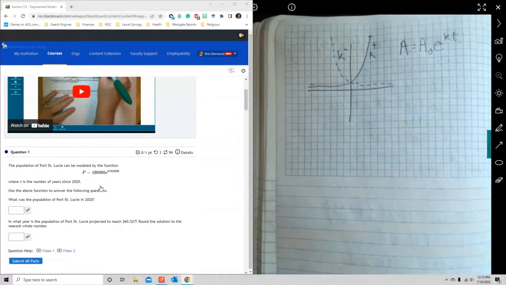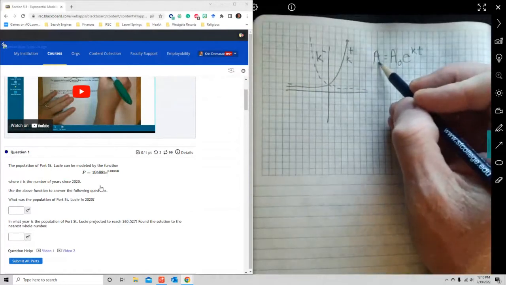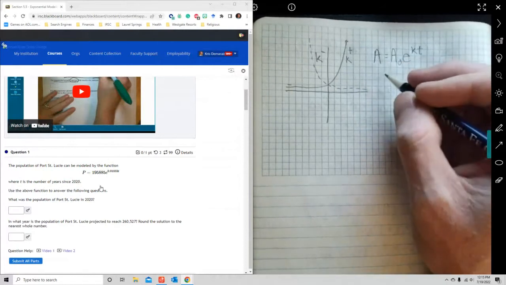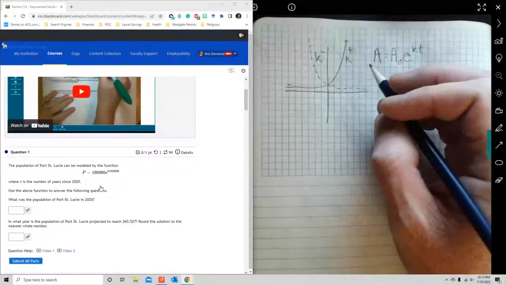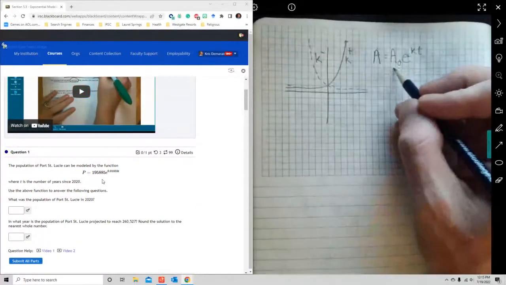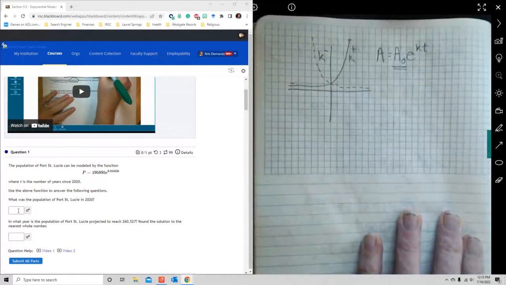I'll say that this is the future projected value, A. So the amount of whatever item you're talking about. That's why I use the letter A. Now it says, what is the population of Port St. Lucie in 2020? It's always going to be A sub naught. A sub naught is the initial value. So this is pretty easy.